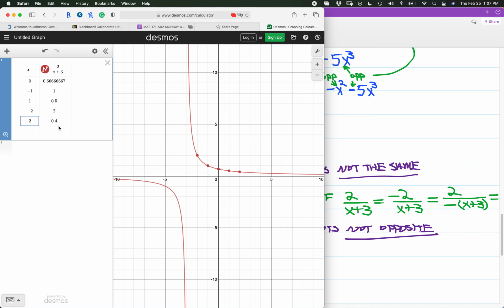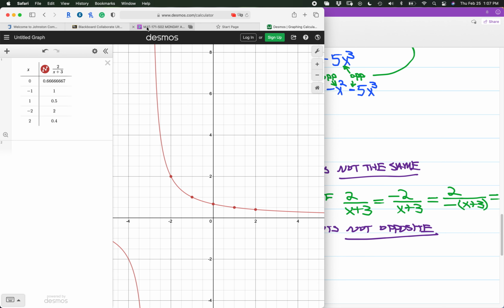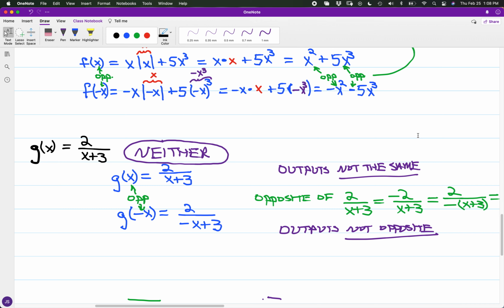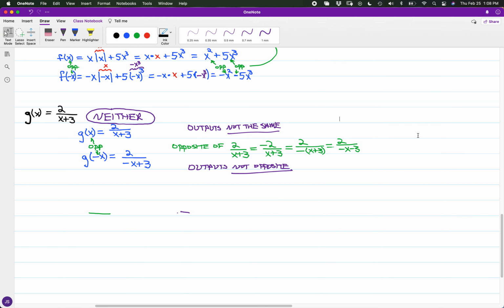So I don't have opposite sign outputs, nor do I have the same outputs whenever you have additive inverse inputs. And again, no symmetry with respect to the origin, and you don't have any symmetry with respect to the y-axis. So again, we have neither case to apply.